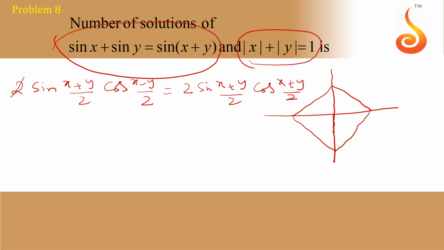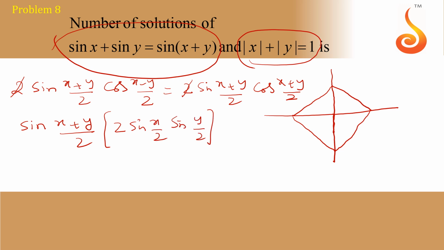So bring to the left side and take common: sin of (x plus y) by 2 times cos of (x minus y) by 2 minus cos of (x plus y) by 2, which is cos difference minus cos sum, 2 sin a sin b, equal to 0.